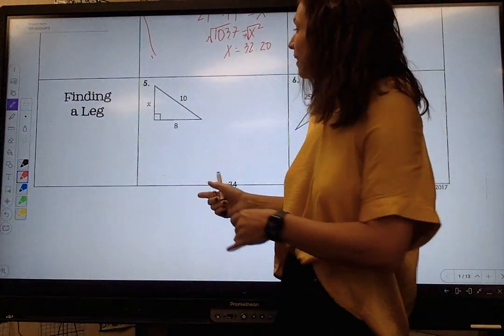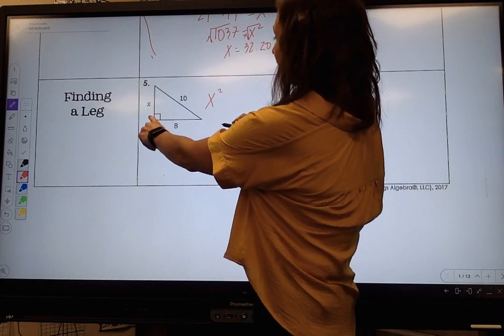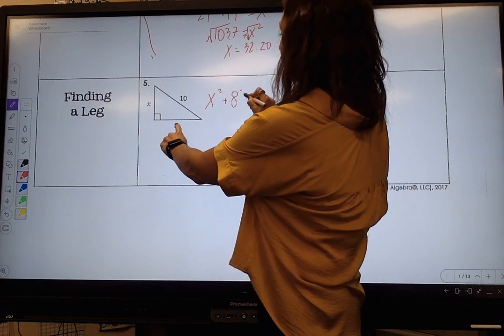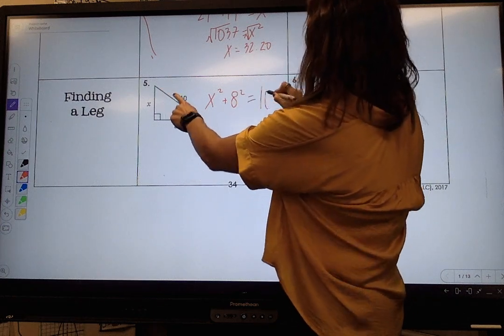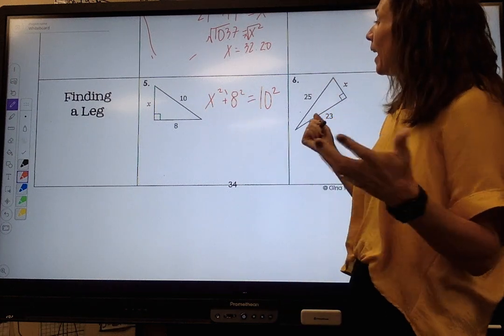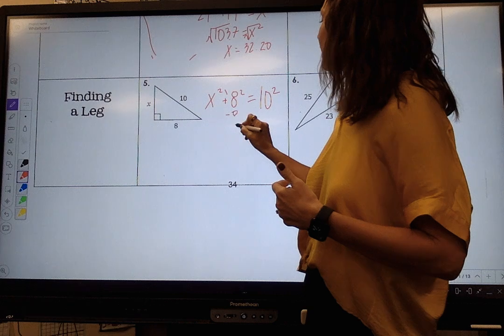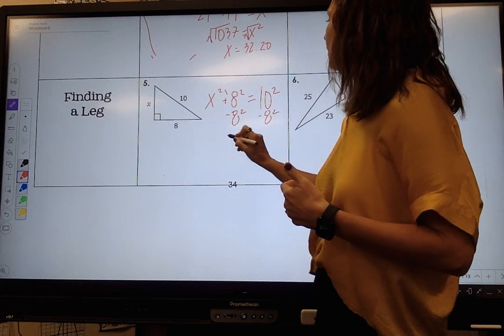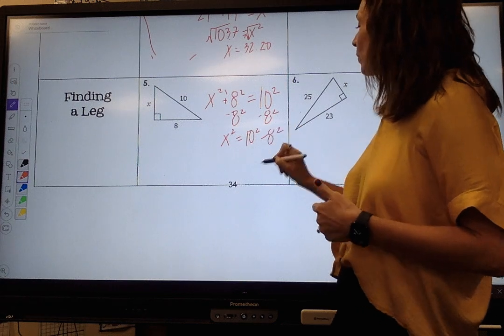It's the same thing. You square this leg, you add it to the square of this leg, and that's going to equal the square of the hypotenuse. And then we just get x squared by itself. So we're going to subtract 8 squared on both sides. So I get 10 squared minus 8 squared.